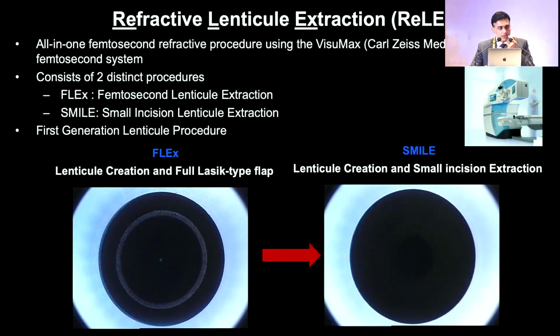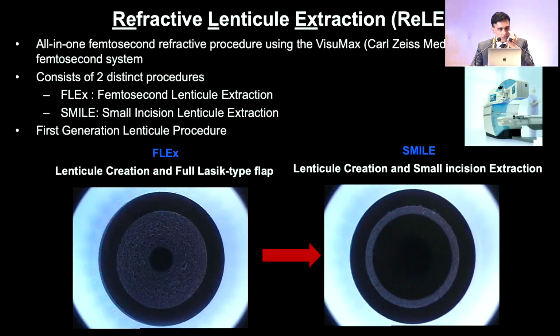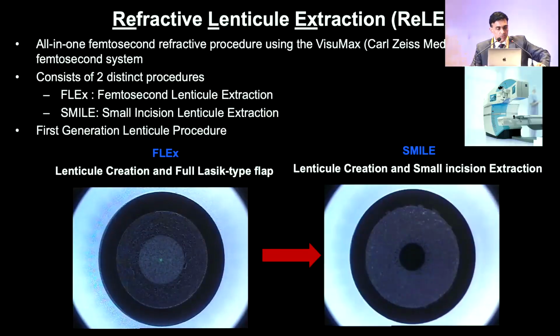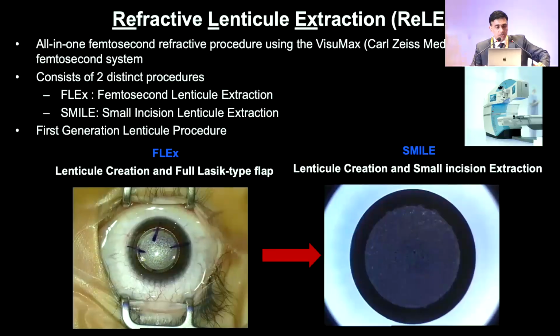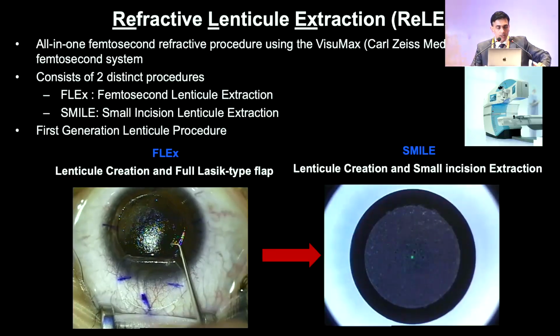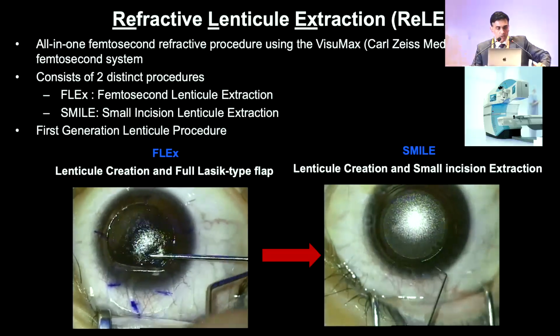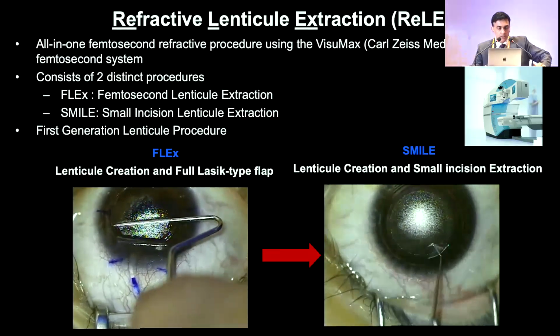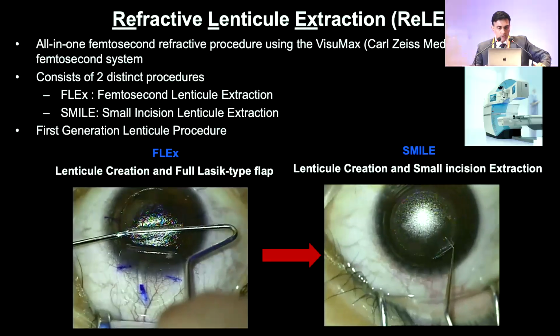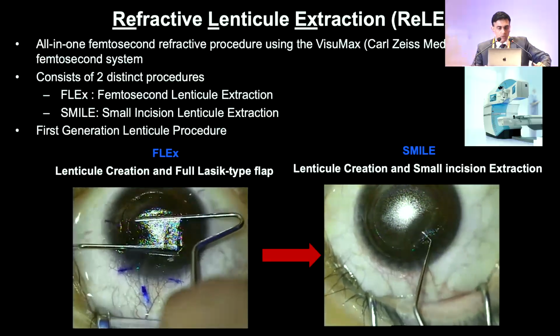As Arvind pointed out, the journey in refractive lenticule surgery started about 15 to 17 years ago now, initially with the FLEX procedure that I started doing back in 2009, 2010, which was essentially a flap-based procedure where we peel the lenticule from the surface of the cornea itself and then put the flap back down, and then SMILE, which came out in 2011, 2012, and really has become the dominant procedure now.